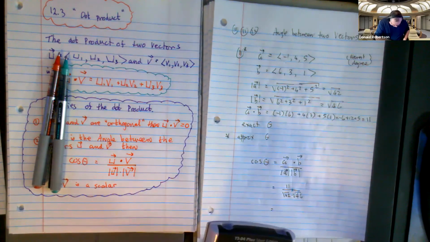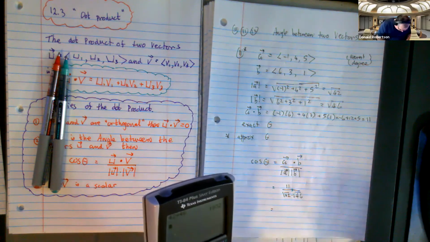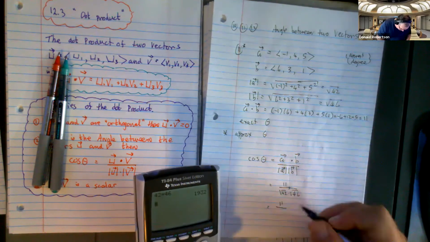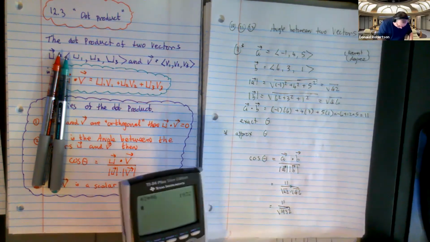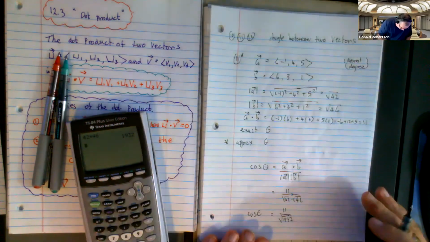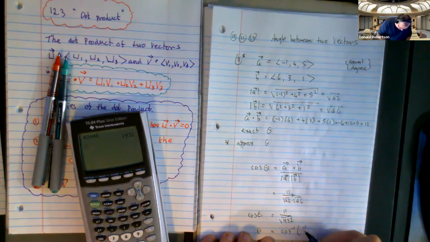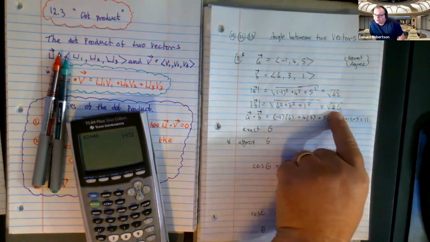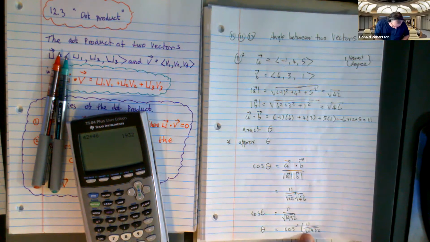It's 11 over the square root of 1932. So theta will be the inverse cosine of 11 over the square root of 1932. Did I make any mistakes with these two numbers? Because none of them look even vaguely good. No, so I guess the answer is just ugly.